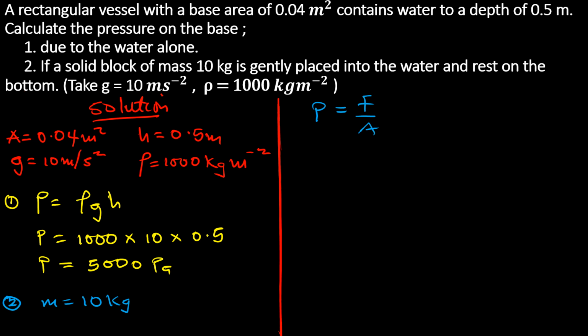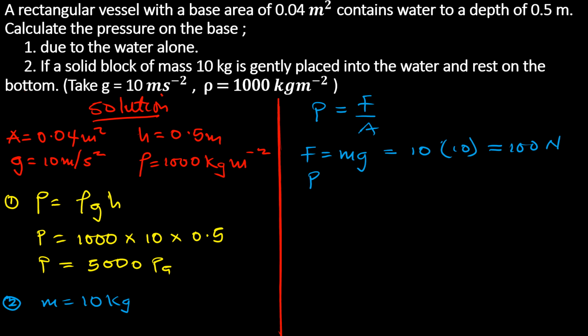We have force, which is F, to be mg. So the force will be equal to the mass of the block, which is 10, times the gravity, which is also 10, which will be equal to 100 Newton.